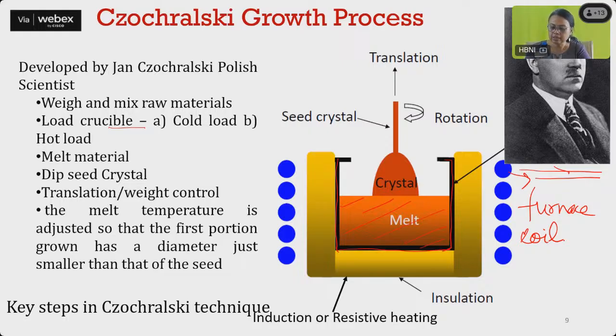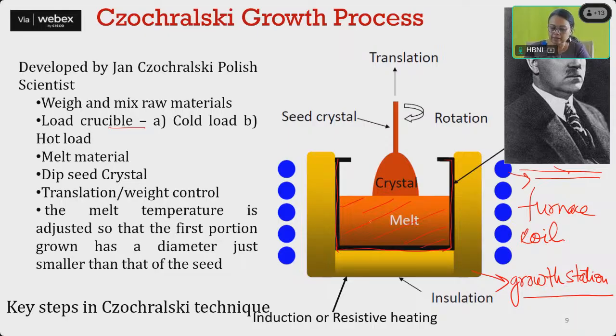And this part is called the growth station. Why do we call it the growth station? Because this is what maintains your temperature and the gradient and how the solidification has to take place, all those things. So let us go step by step.